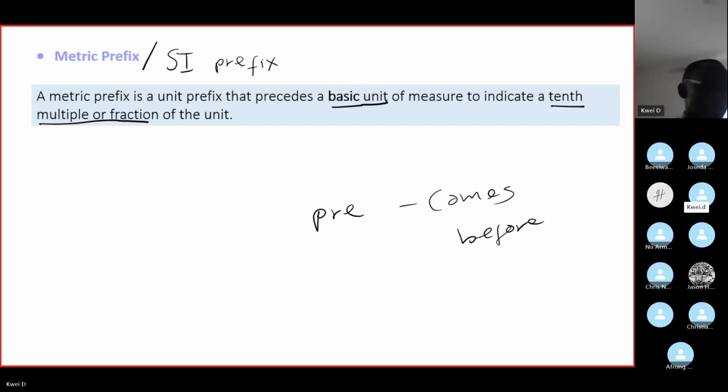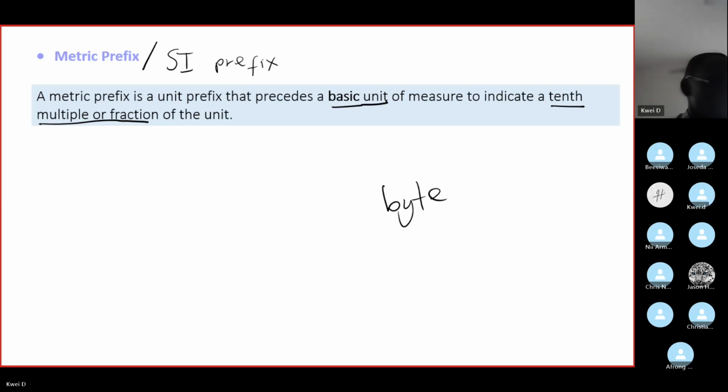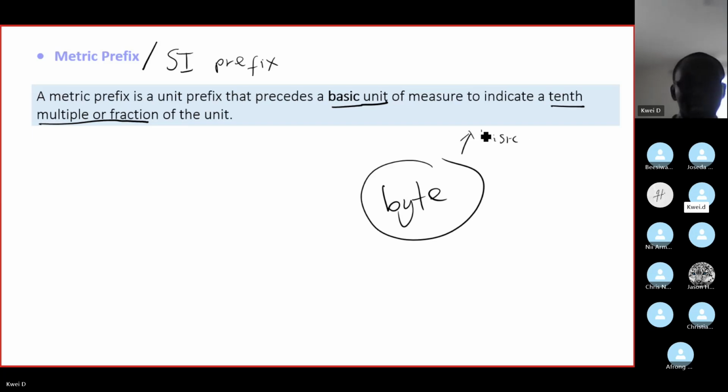Now, basic in this sense does not mean base unit. So I'm using two different words here. Let me use something you're familiar with, computers. You've heard of the byte, under computers, when you are storing data. Let's take this to be a basic unit.